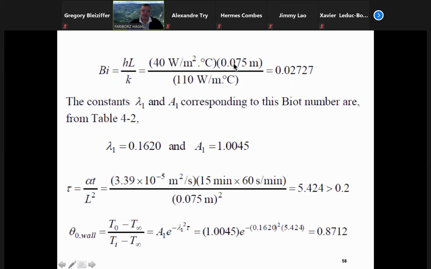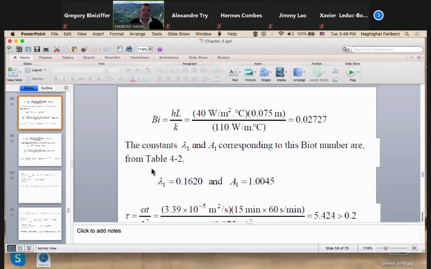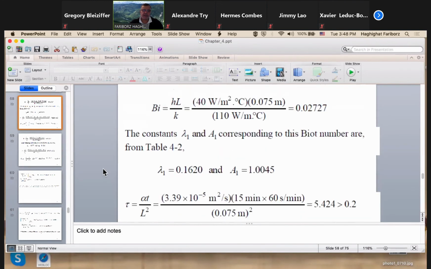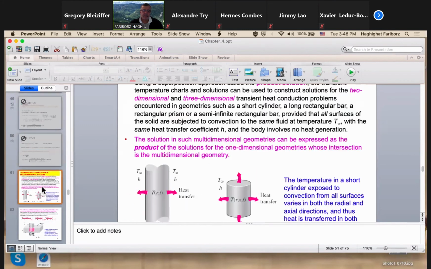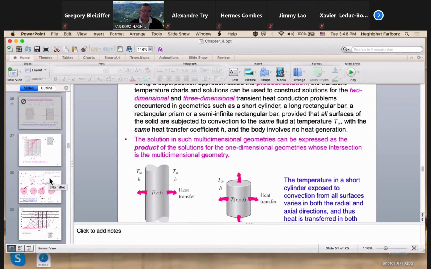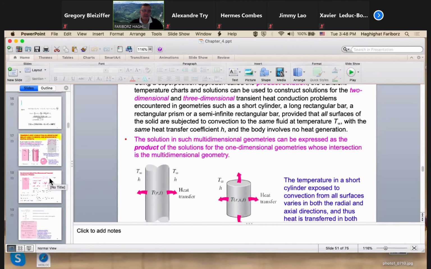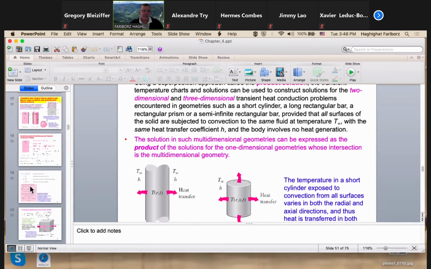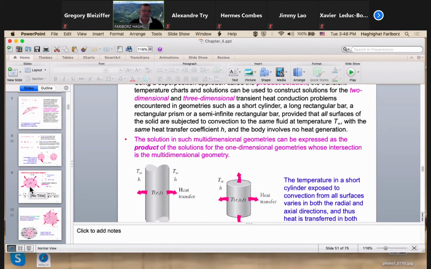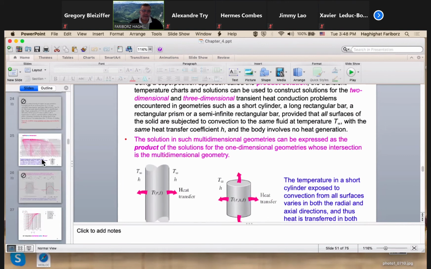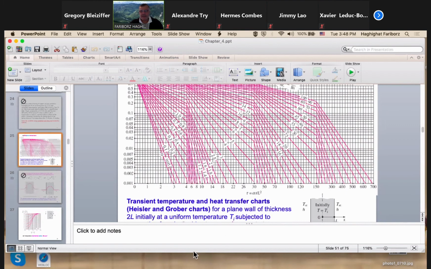Let me show you. I just want to make sure that you understand. Let me just go back. Remember how we select our coordinate. Look at this figure here.